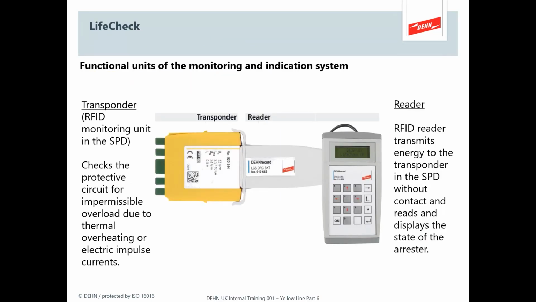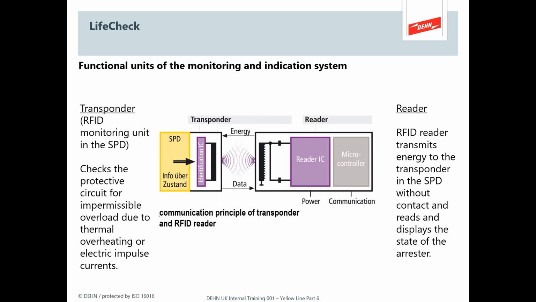So here's a bit more on the actual live check. I've got the tester on the right-hand side. I've got the surge protection unit, and in between is the reader. And that's going to check in with the SPD to see if any part of the SPD has been stressed by a surge event. And if the results fall outside some parameters, that's when I start to get a pass or fail sort of feedback.